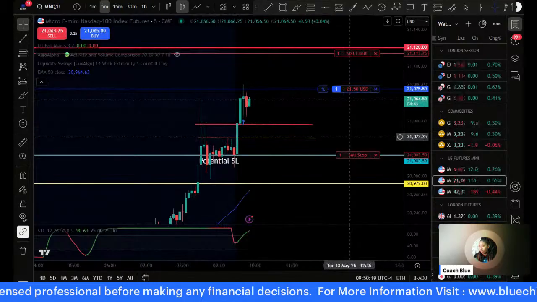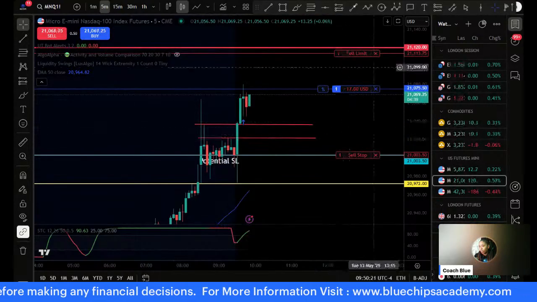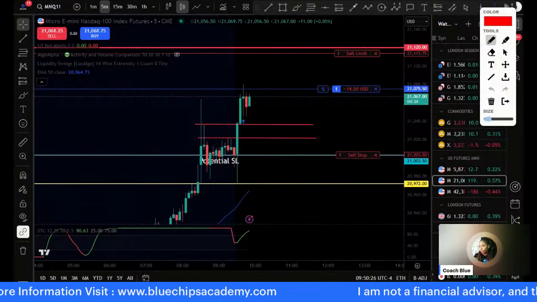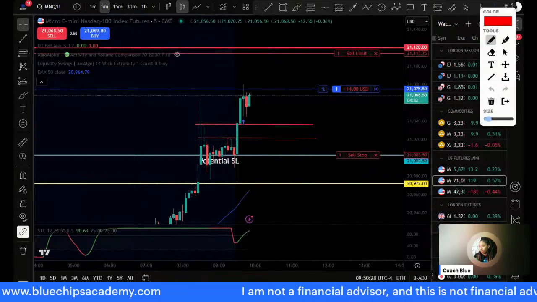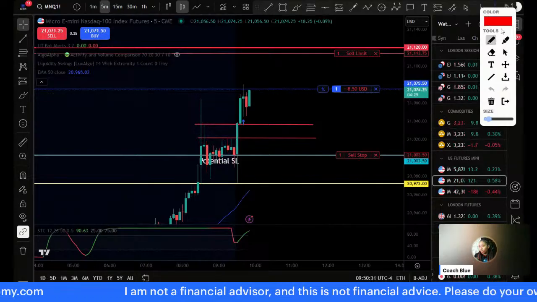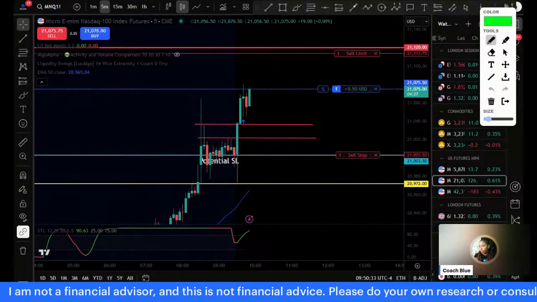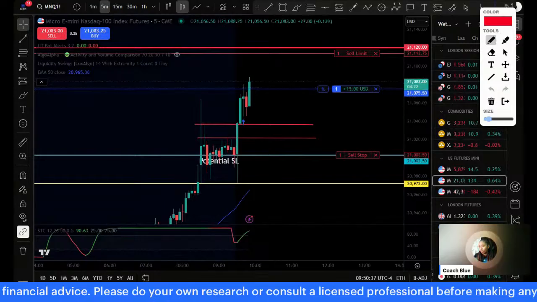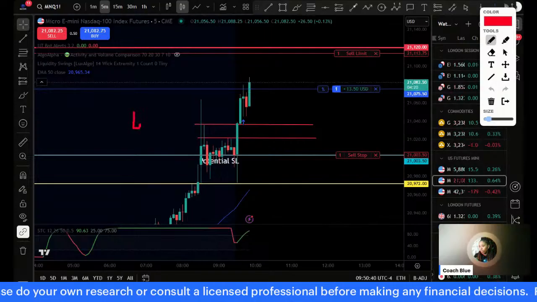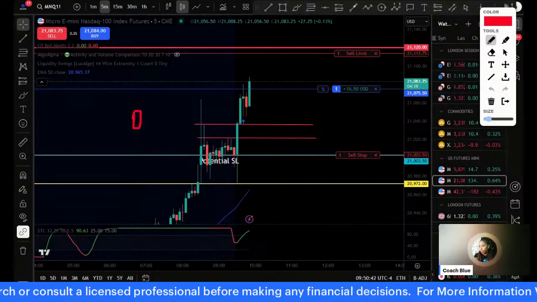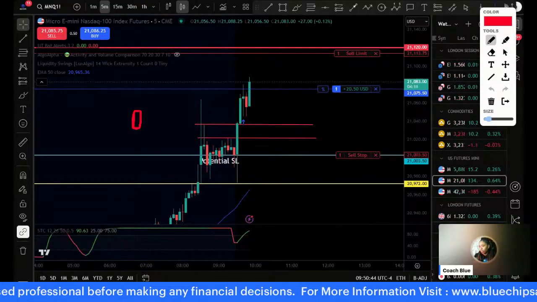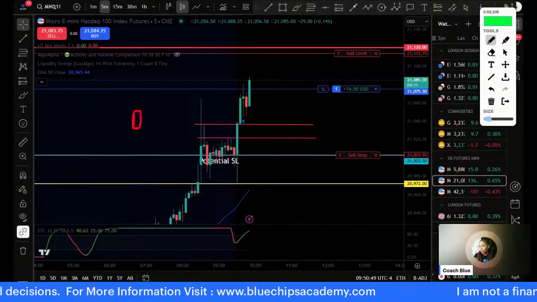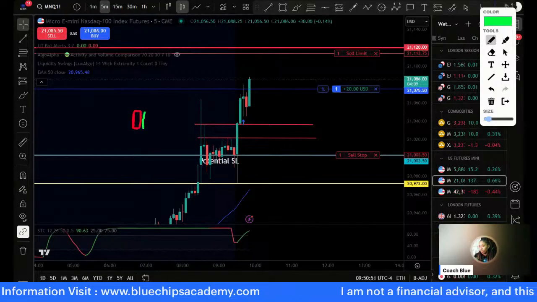So let's talk about engulfing candles while we're waiting. You have a bullish engulfing candle, then you have a bearish engulfing candle. Let's talk about the bullish engulfing candle since that's our circumstance right now. You'll have a bearish candle that looks like this, and then the body of the bullish candle looks like this.